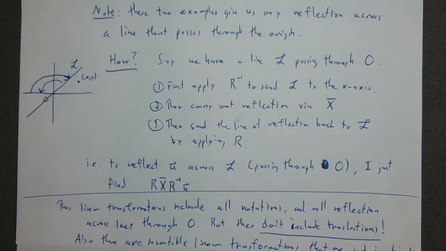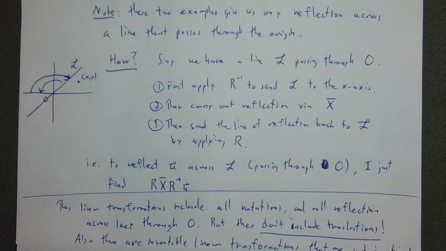And so this process yields us reflection about a generic line L passing through the origin, but it doesn't yield us every reflection. That might lead you to believe that we're headed in the right direction, that we can reflect about any line through the origin, because we know that any isometry is a product of up to 3 reflections.